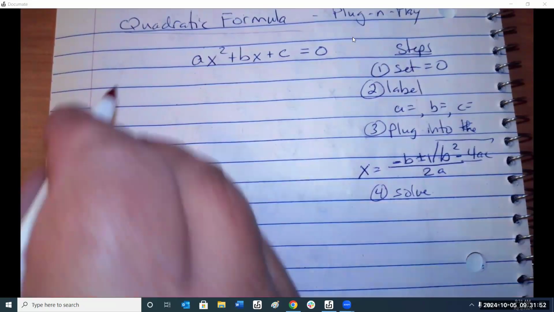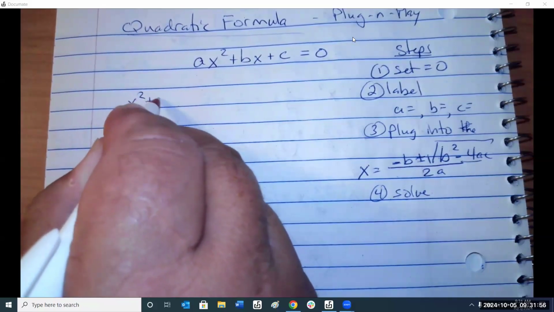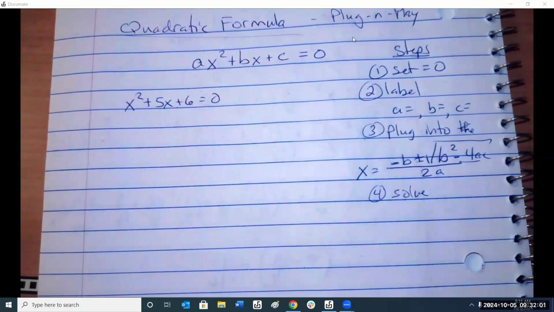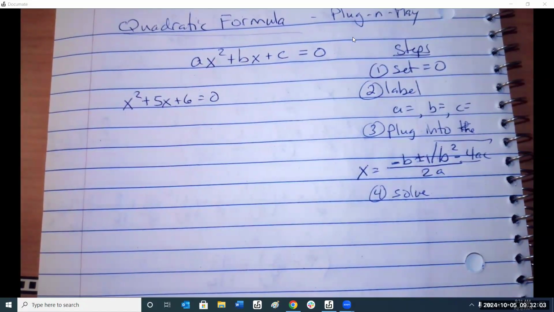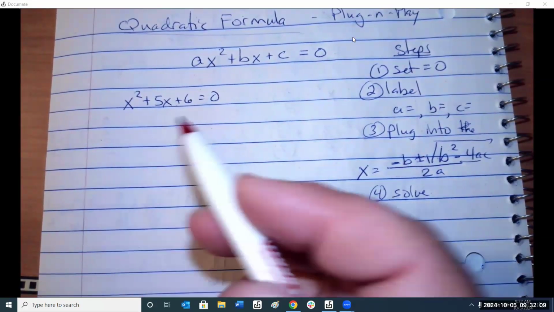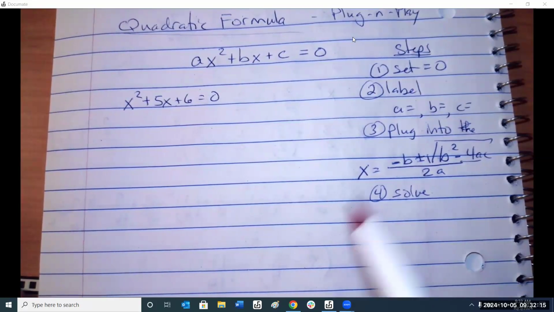Let's do an easy one first. X squared plus 5x plus 6 equals 0. Yeah, we could go ahead and factor that one. We know it's going to be x plus 3, x plus 2, which gives x equals -2, x equals -3 as solutions. But let's use this method.